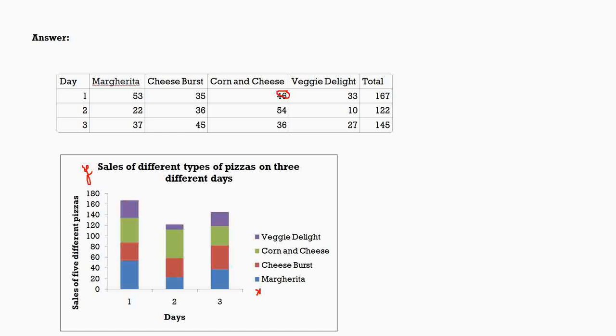So we'll mark it at 58. And then we will add the third one, which is 54, and mark that as well. After marking all of this, we go over here for the last one, which we don't need to mark because we have already marked 122 in the beginning. So we just have to shade this. The third day also we have to draw in the same way.